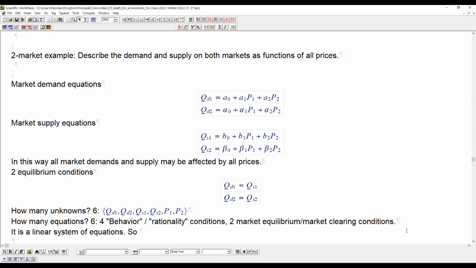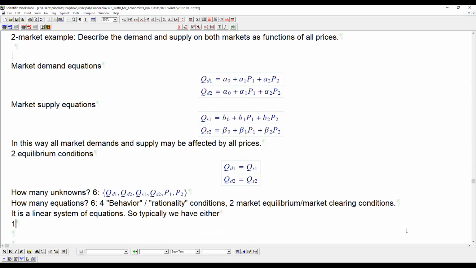So typically you have 3 possibilities. One solution, so one set of quantities and prices which satisfy all the constraints.